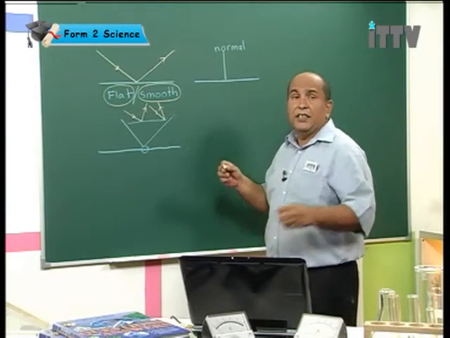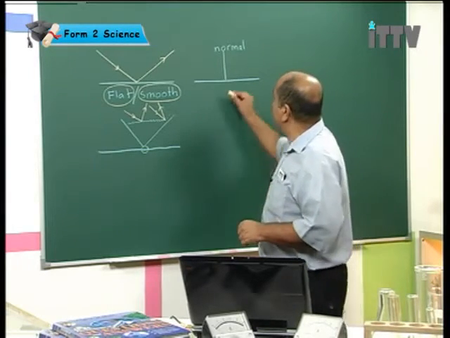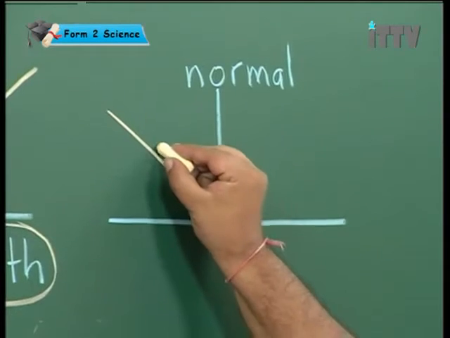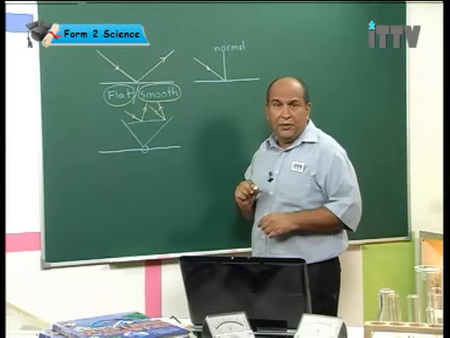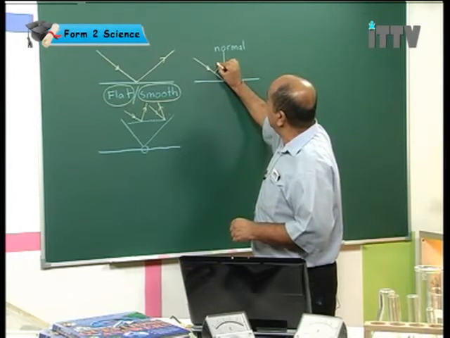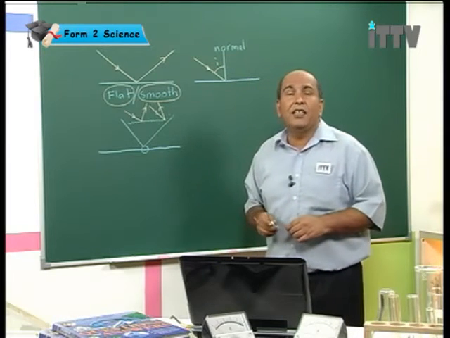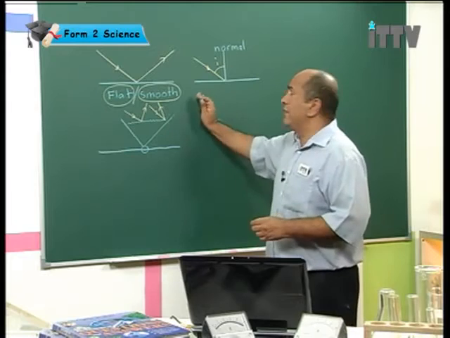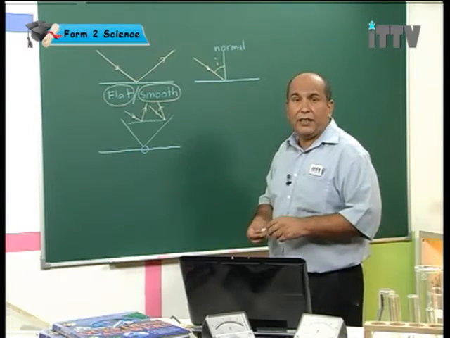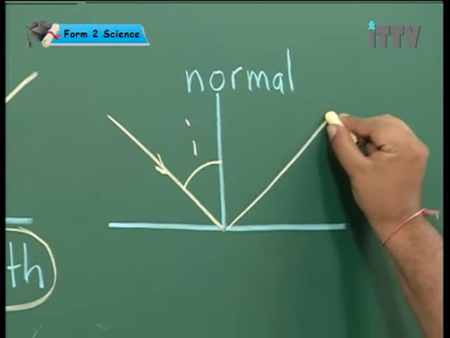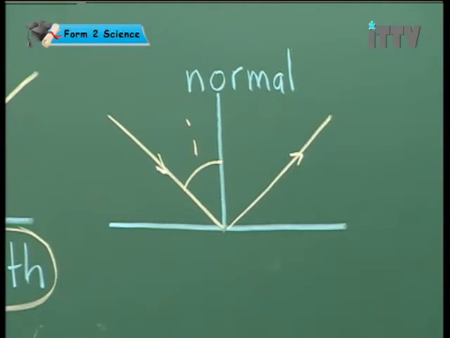The angle of incidence will come in on one side of the normal. So over here we have our incident ray, which produces an angle over here, I, which is the angle of incidence. On the other side of the normal, we will have the reflected ray, like so.